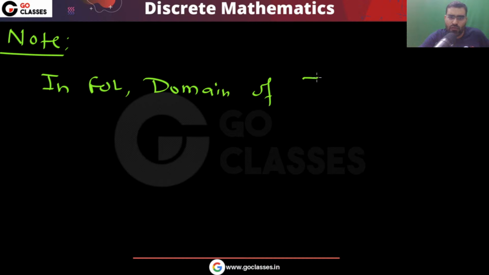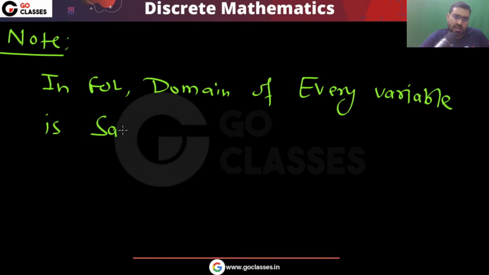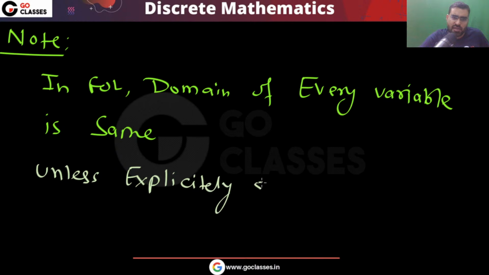Again, I am telling you that in first order logic, the domain of every variable is the same, unless explicitly stated to be different.